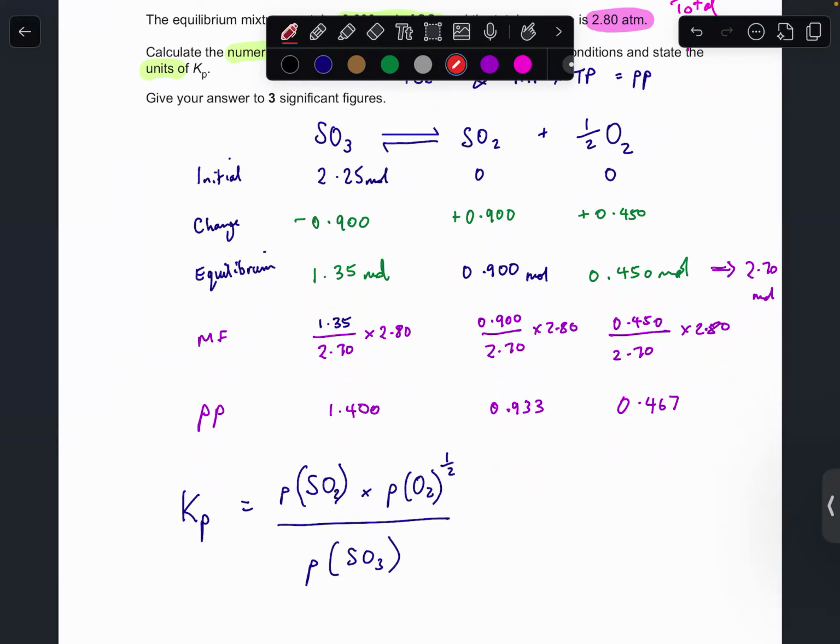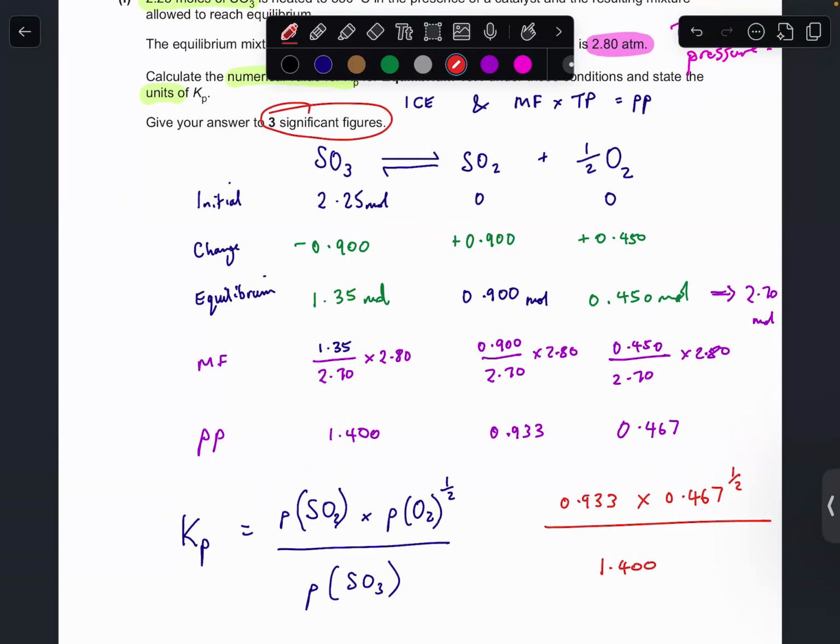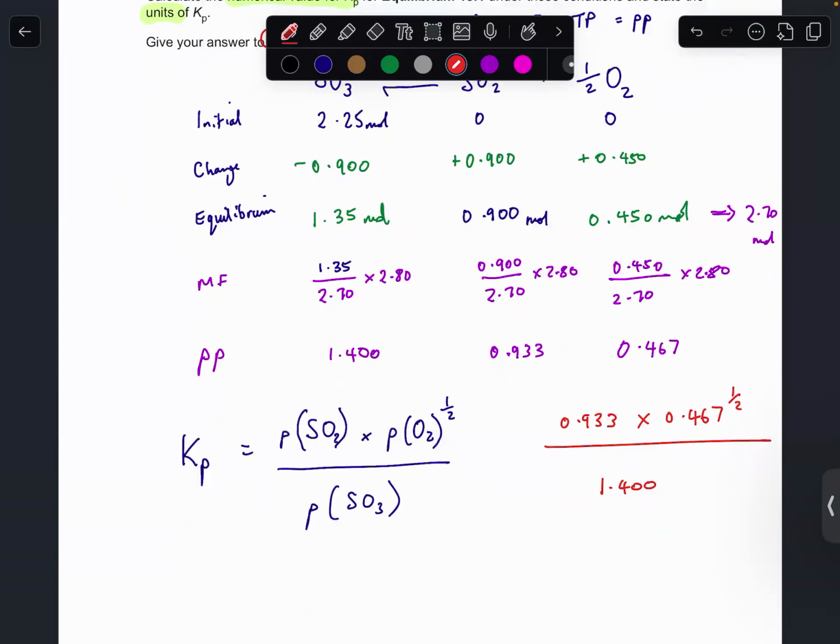What does that give you? 0.933 times 0.467 to the power of half over 1.400. Give your answer to 3 significant figures.